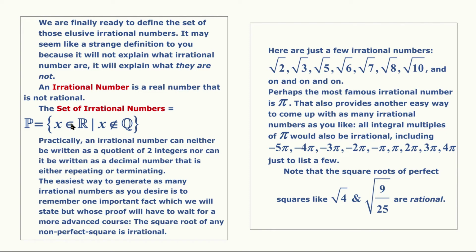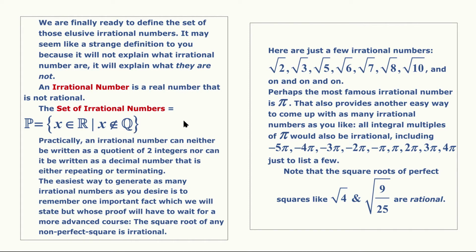Well, it's neither. It's the Greek epsilon, and it stands for belongs to, or is an element of. So it's all X belonging to R as long as X does not belong to Q, right? So basically all real numbers that are not rational.